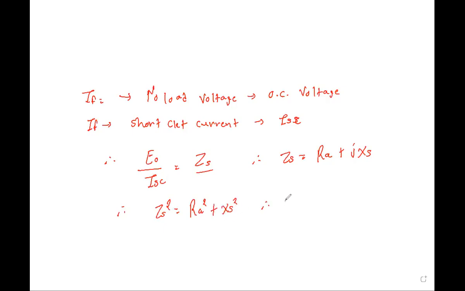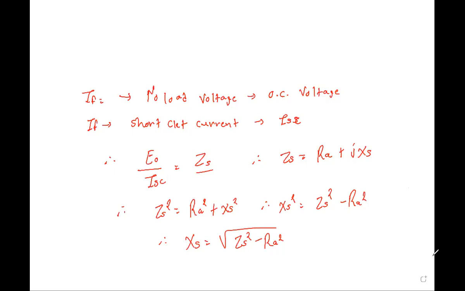Now I require XS, so XS square is equal to ZS square minus RA square. From that we can easily find XS, which is the square root of ZS square minus RA square. So now I have ZS, XS and RA.